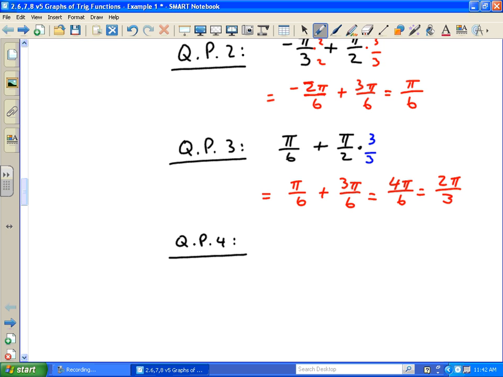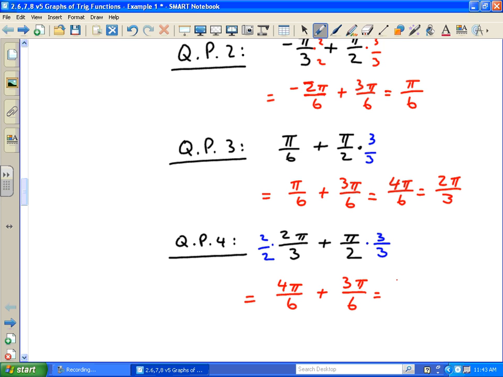Quarter point number 4, I take the quarter point that I just found, 2 pi over 3, and I add my increment, pi over 2. I need a common denominator. And so I end up here with 4 pi over 6 plus 3 pi over 6.